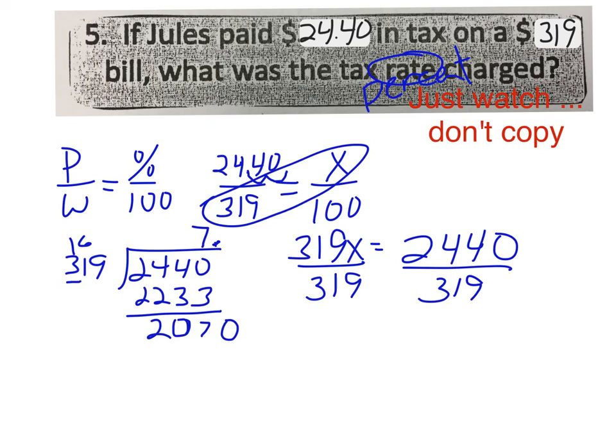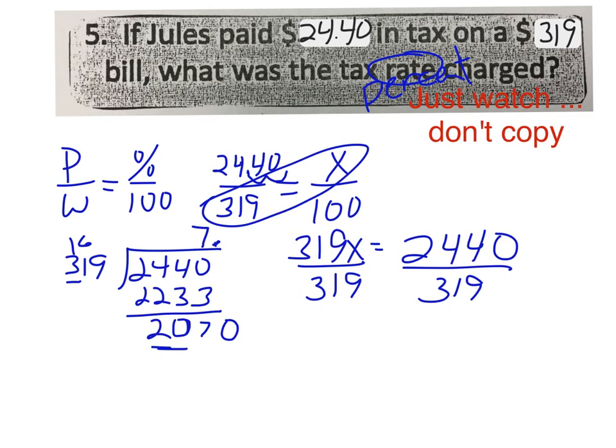I know 300 is going to go into that. 20, so 3 doesn't go into 20 7 times. It's not going to go into 6 times. So let's go with a 5 and see if we get it. That would be a 45, 9, and that would be a 15.